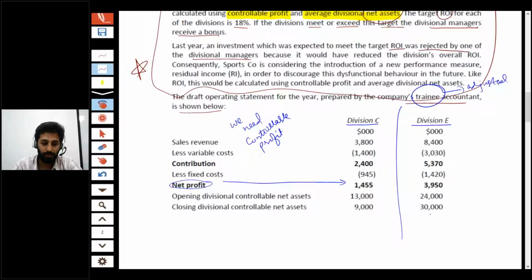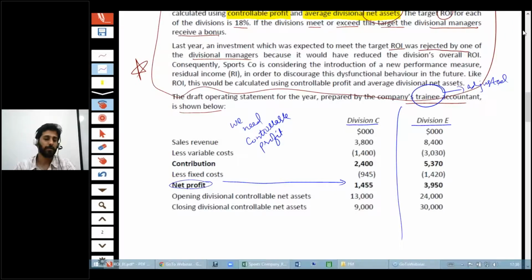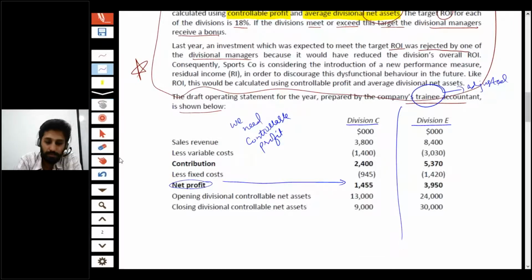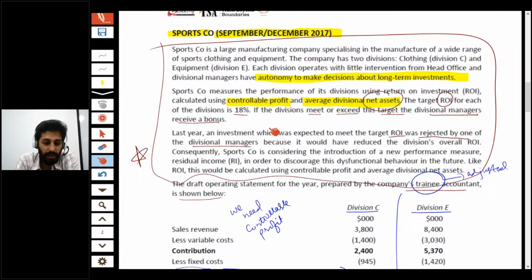How do we know that this is controllable or uncontrollable profit? We need to study the question first. Controllable profit.